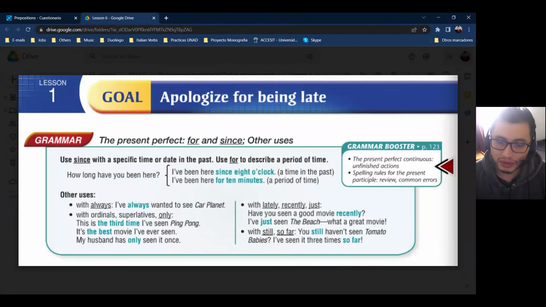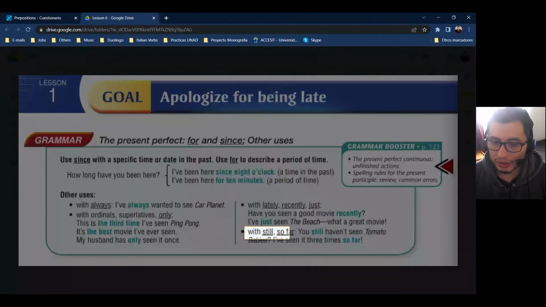And in most cases, recently goes at the end of the sentence. And just, of course, you can use just after the auxiliary has. Example, has your mother cleaned the kitchen recently? So you say, yes, she has just cleaned the kitchen because it's a recent action.